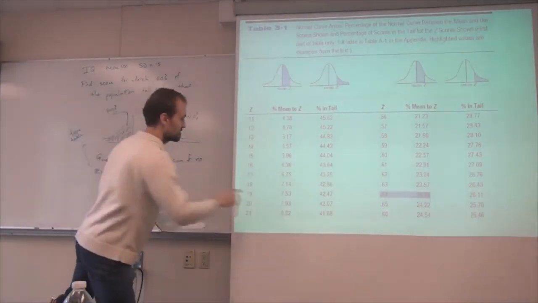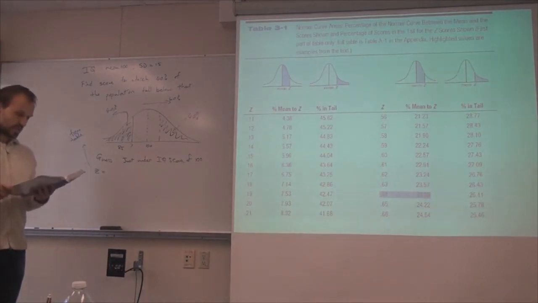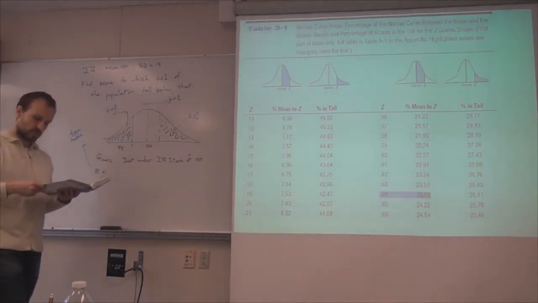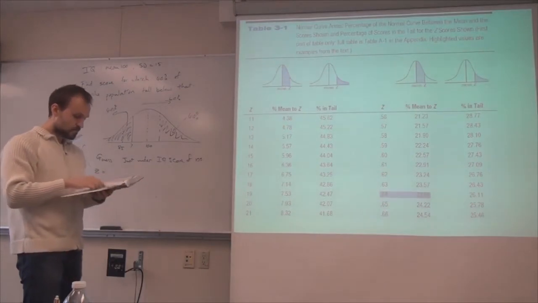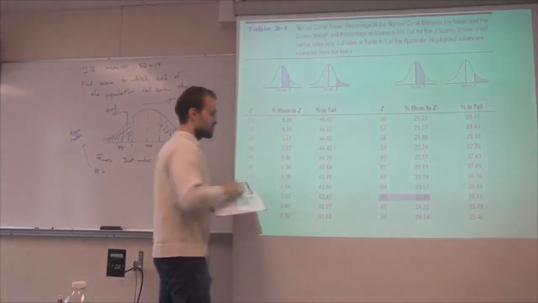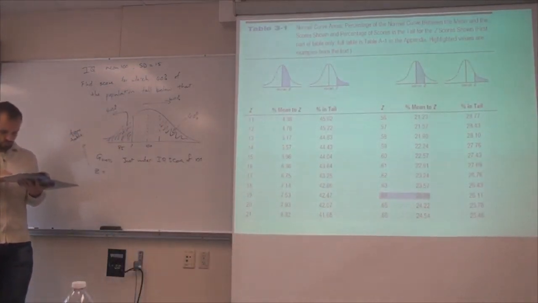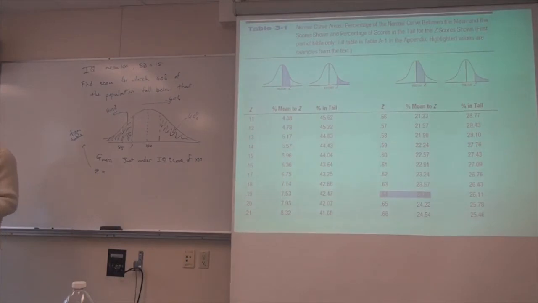It's going to be over here somewhere. So where is that exactly? It should be on page 673. So now I go in this column and I go down looking for a 40. 40, 40, 40. It's not quite there.